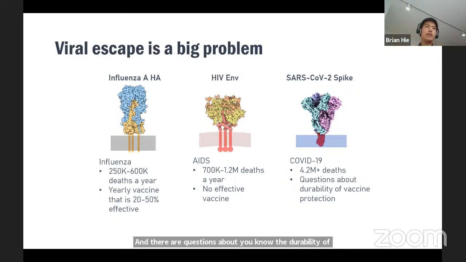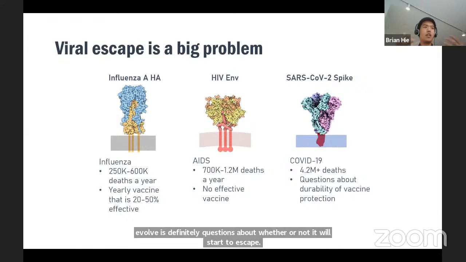At the moment, vaccine-induced immunity seems to be holding up well against the current variants of the virus. But as SARS-CoV-2 continues to evolve, there are definitely questions about whether or not it will start to escape the immunity that's generated by even the best vaccines we have today.